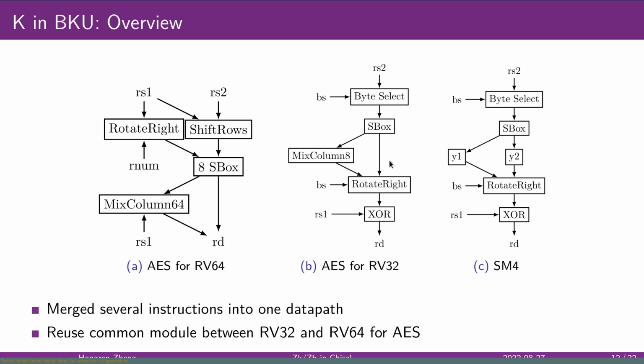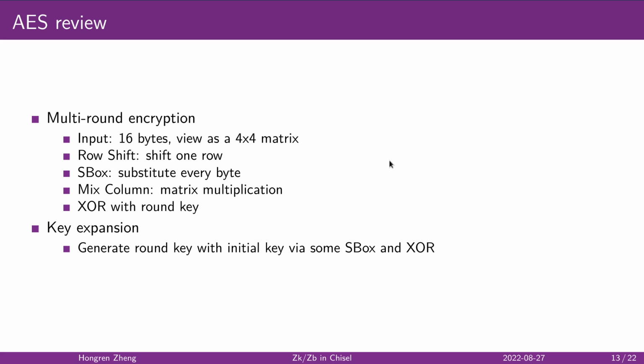This is the characteristic of AES. Since we are talking about AES, let's first do a quick AES review. AES has 2 parts. The first part is multi-round encryption. For encryption, we have 16 bytes as input, and we can view it as a 4x4 matrix.